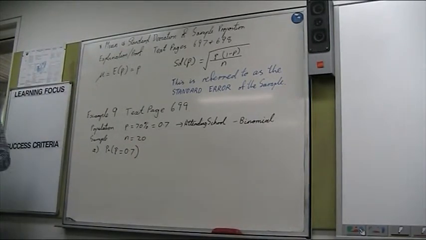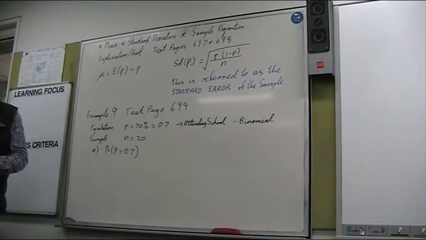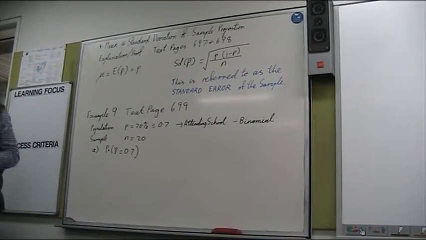Sorry, I'm reading the solution. So in our sample of 20, what's the probability that 0.7 of those 20 will attend school? That's what we're thinking.